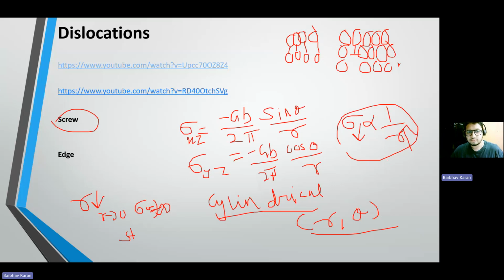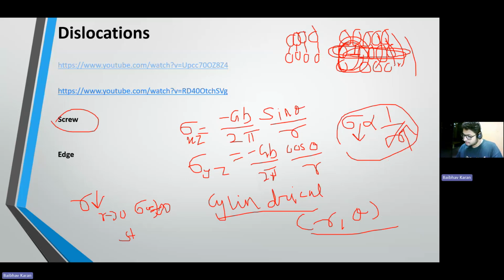That means the stress field around this dislocation is quite disturbed. The effect of dislocation felt around this area is too high. Then it will be decreasing when we increase the R as we define from here.